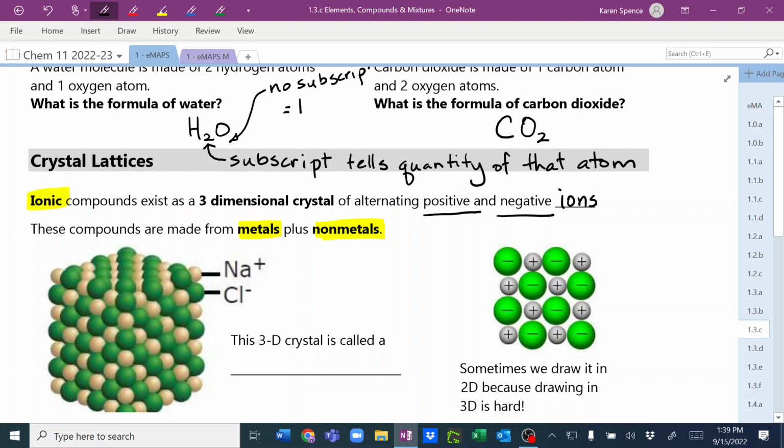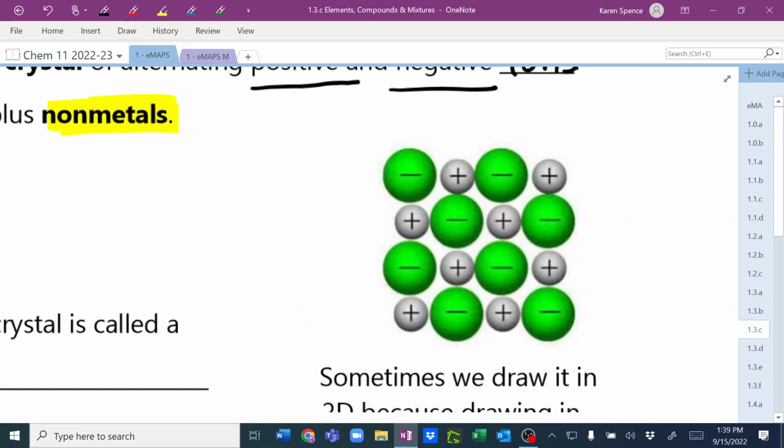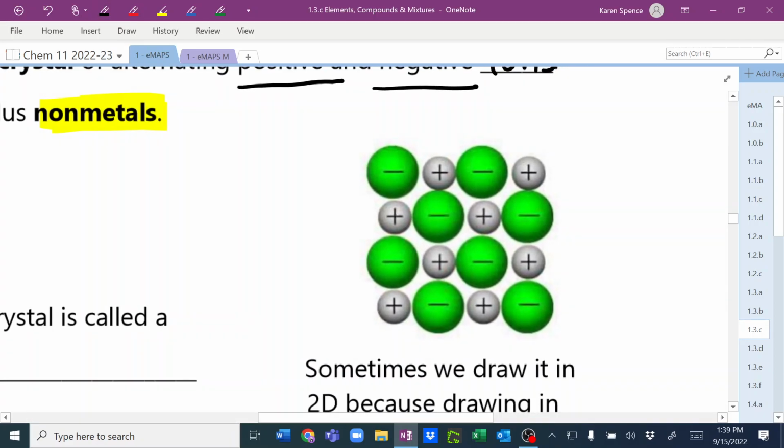If you don't, it's unstable and it will wander around in nature and try and find like things to become stable with. Yeah, okay. And they will arrange themselves alternating because that is extremely stable. Negative will be surrounded by positive ions, like at least if we're looking in 2 dimensions, yes.